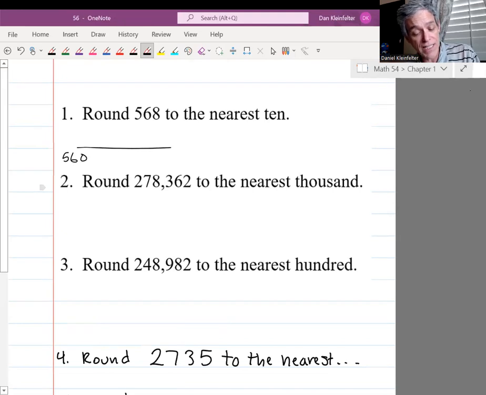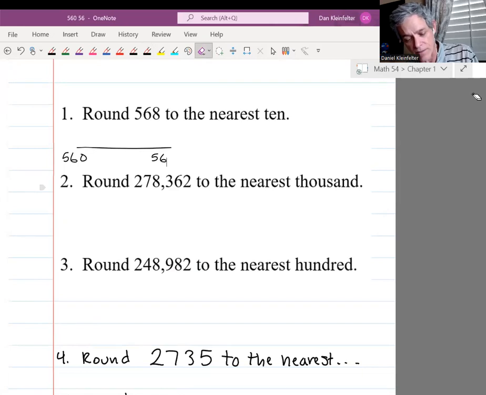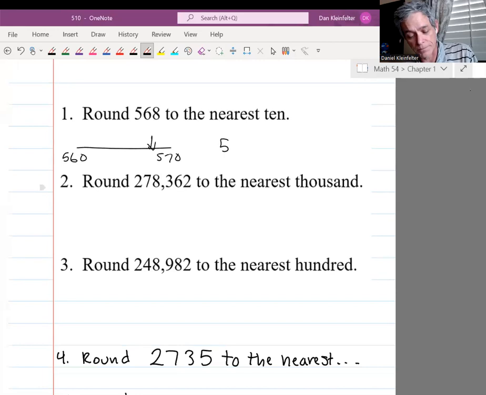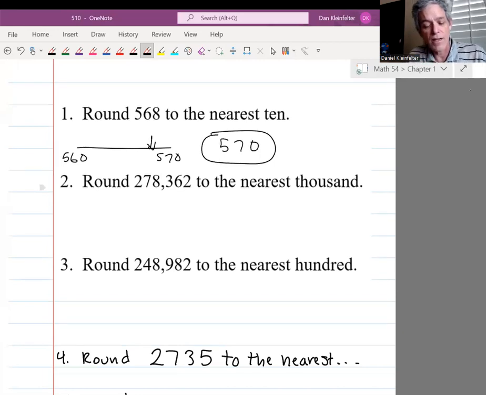So 568 is between 560 and 570. Is 568 closer to 560 or 570? It's closer to 570, right? So that's 568 to the nearest 10.